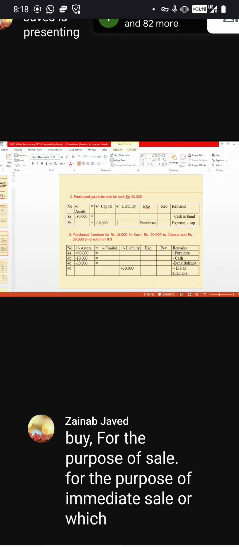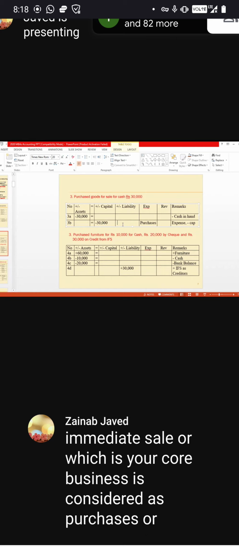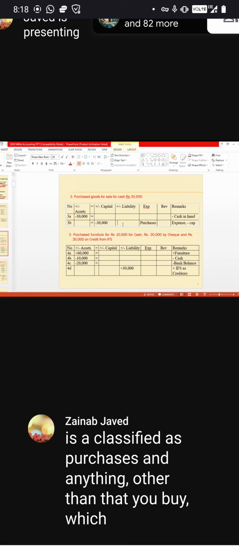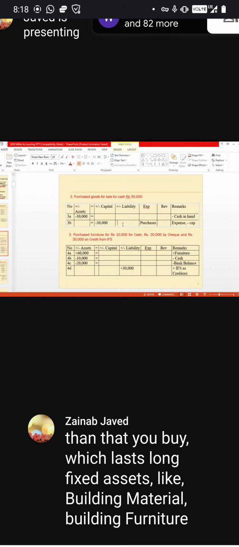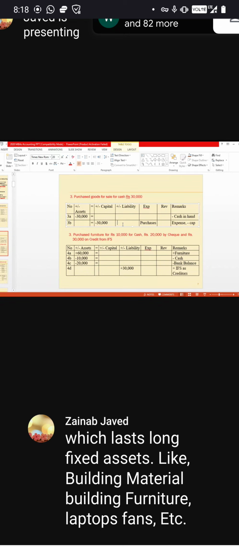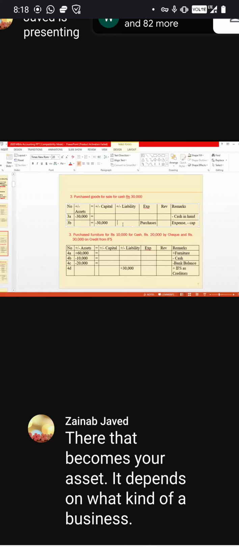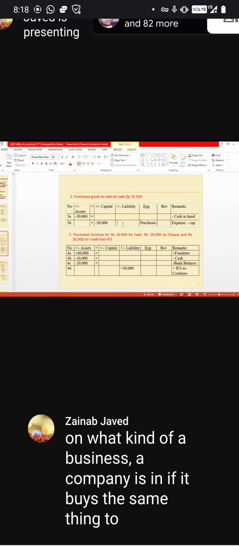That means anything that you buy for the purpose of sale, for the purpose of immediate sale, or which is your core business, is classified as purchases. Anything other than that which you buy and which lasts long, fixed assets like building, furniture, laptops, fans, etc., becomes your asset. It depends on what kind of business a company is in. If it buys the same thing to resell, it is purchase.